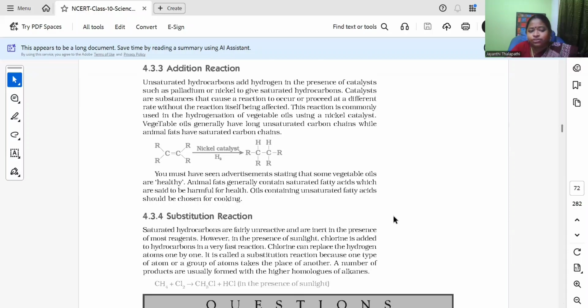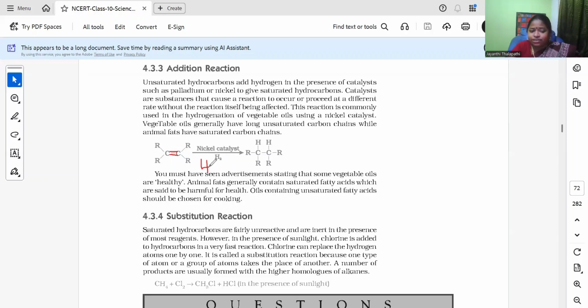And then the addition reaction. Over here they've given it for any alkene, meaning there is a double bond. It can be any alkene. When you add hydrogen in the presence of a nickel catalyst at about 200 degrees Celsius, the reaction will happen.